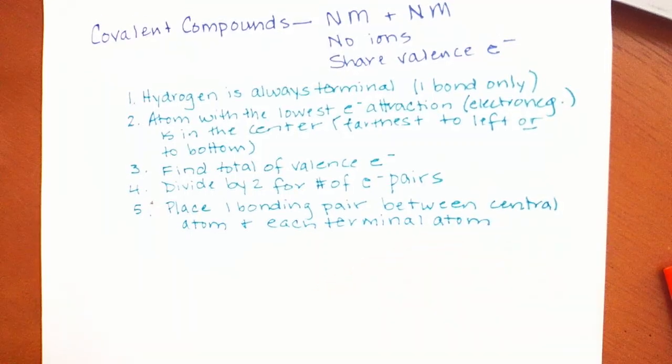So that would be like if you were doing carbon with 4 hydrogens, you would put one bonding pair between the carbon and each hydrogen, and then subtract them from the total.